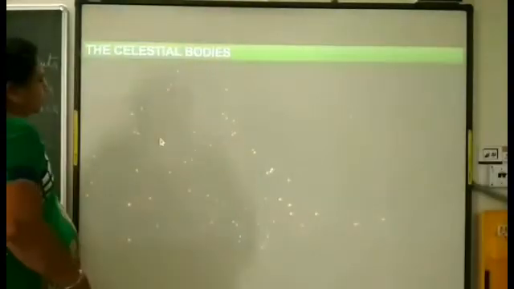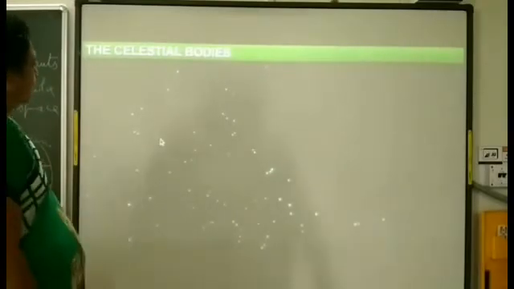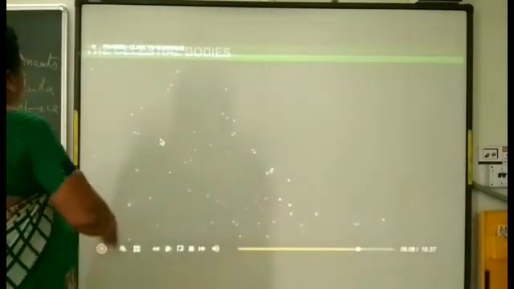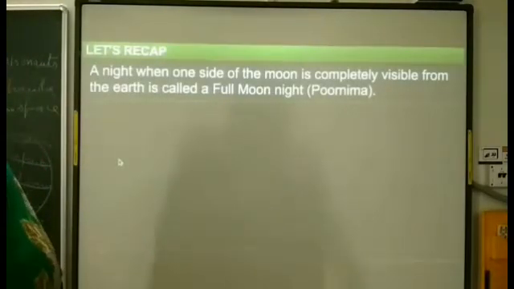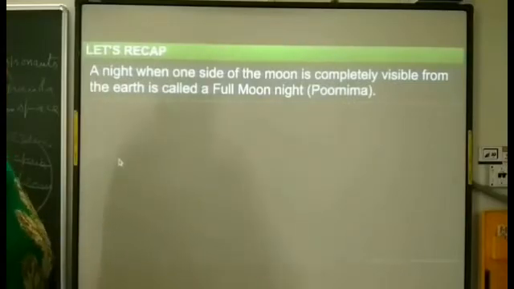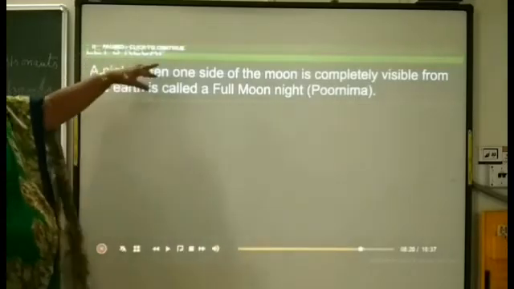The sky never ceases to fascinate. A night when one side of the moon is completely visible from the earth is called a full moon night or Purnima. See, these all are recap.